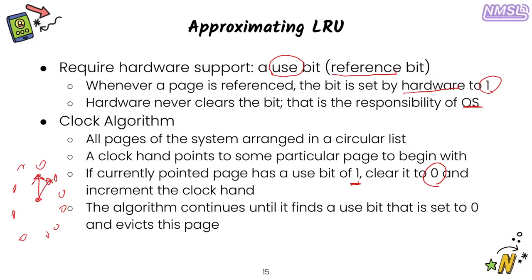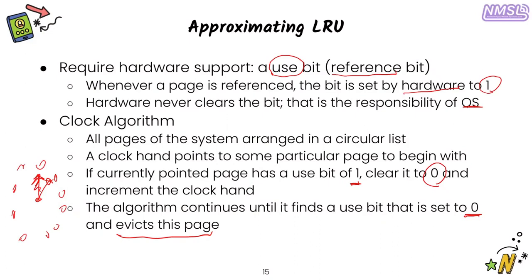So now you're looking at the next item. This continues until it finds a use bit that is set to 0. That means this item has not been recently used, so you evict that page. Or let's say all the pages have been recently accessed.